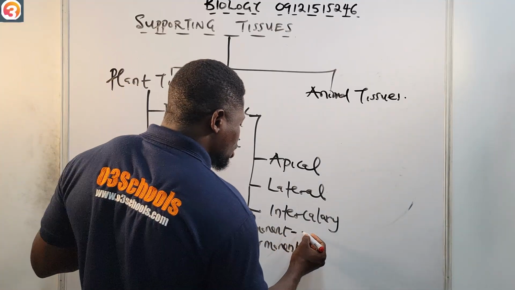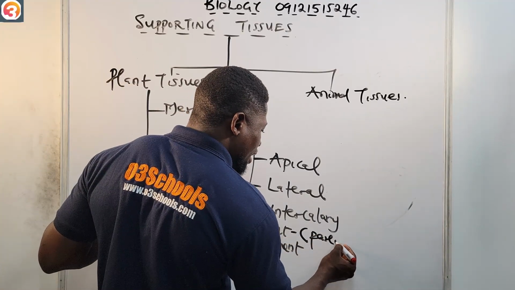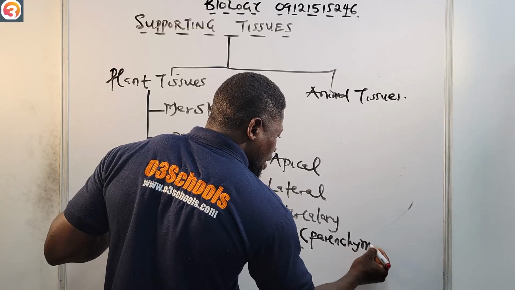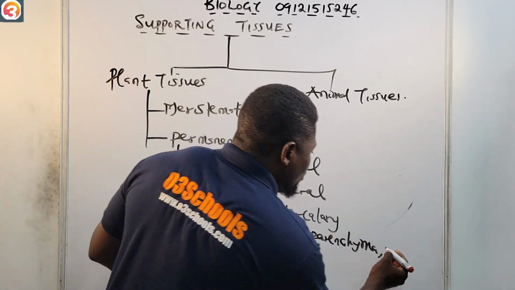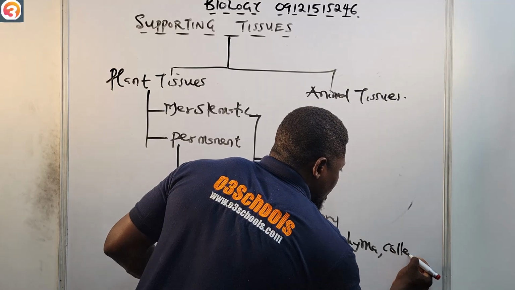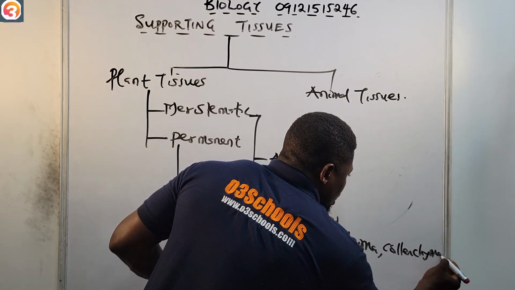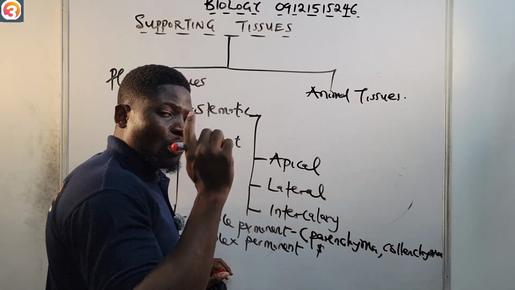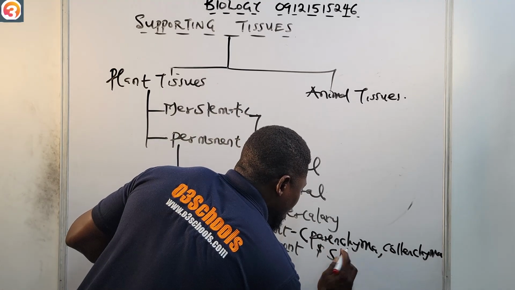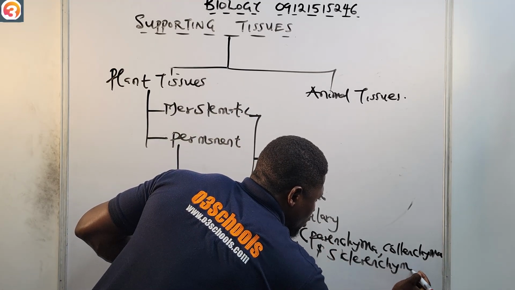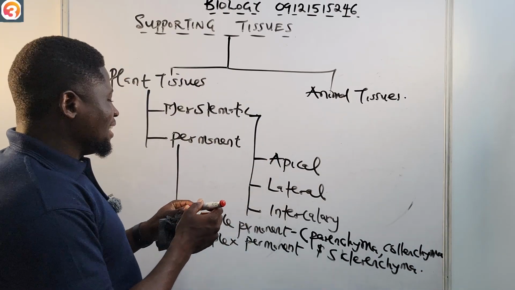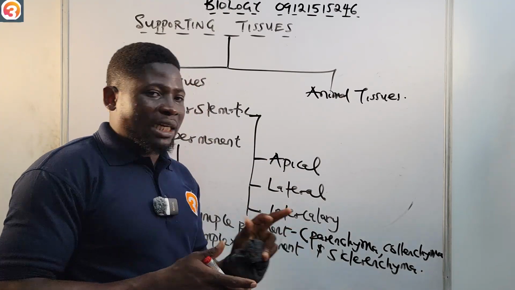Number one, we have the parenchyma. Number two, the collenchyma. And number three, the sclerenchyma. So these are the three types of simple permanent tissues that we have.